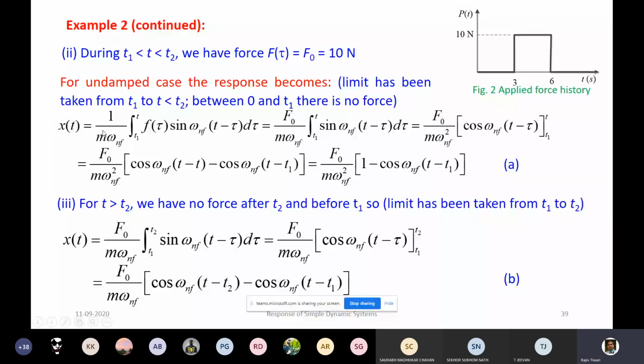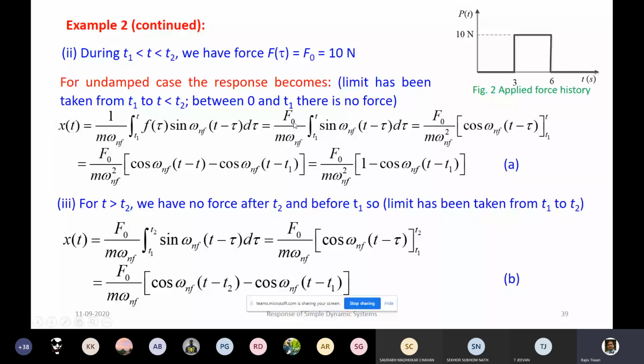Integration is very important here. The limit is T1 to t. We are not doing T1 to T2. T1 to T2 would directly give the response at this location at 6 seconds. But if you want to obtain intermediate values, then we need to put t. Then we can put in the value, because there is a constant force.